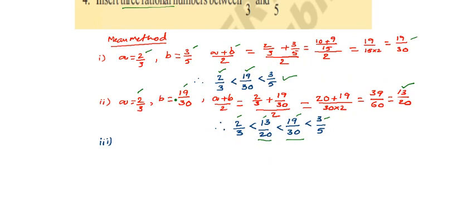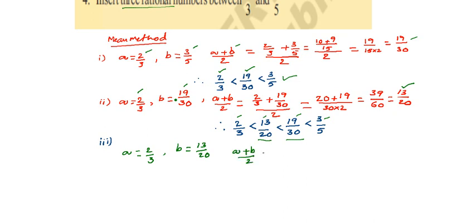Here you take a is equal to 2 by 3 and b is equal to 13 by 20. You find a plus b by 2.